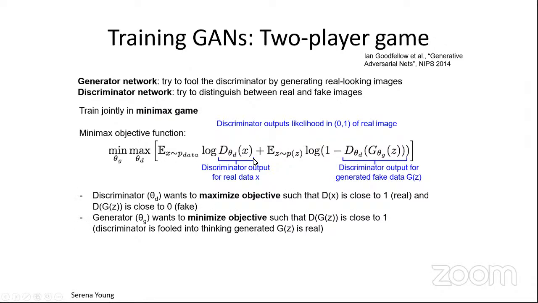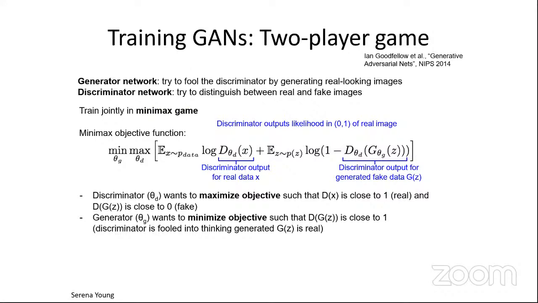Now you think, what should be done by the discriminator? The discriminator should want to maximize the objective, because it should want that when X comes from real data, D of X should tend to 1. That means log of D of X should tend to 0. Otherwise, log of D of X, if D of X is, let's say, 0.5 or 0.2, is negative.